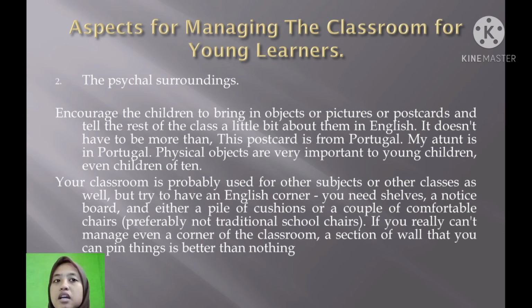So physical objects are very important for young children, even children of 10 years old. Your classroom is probably used for other subjects or other classes as well, but try to have an English corner.